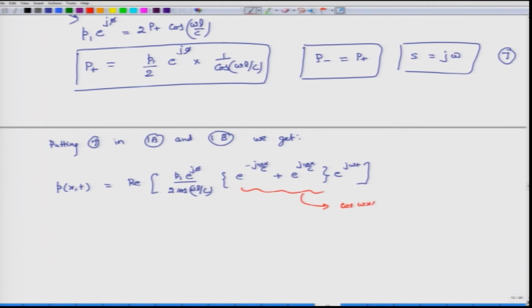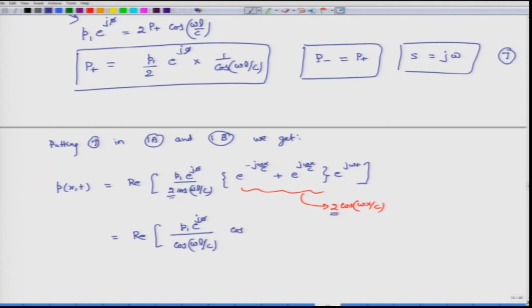And I know that this is what? Cosine omega x over c times 2. So, my transformed equation becomes P1 e to the power of j phi by cosine omega L over c, and this 2 term cancels out this 2 term.